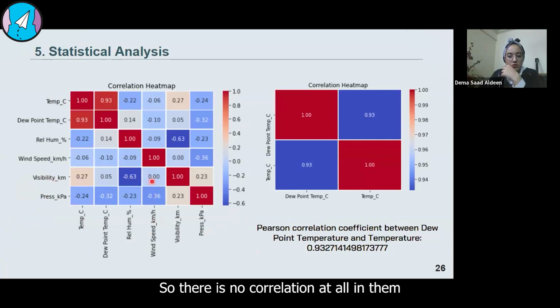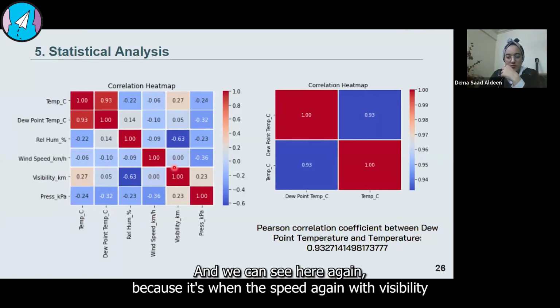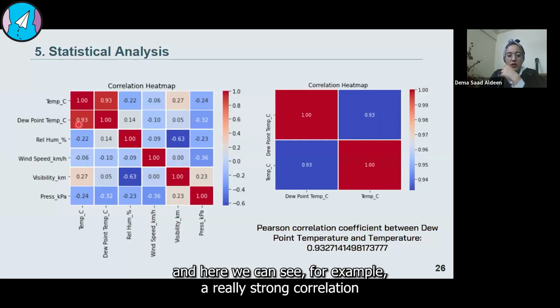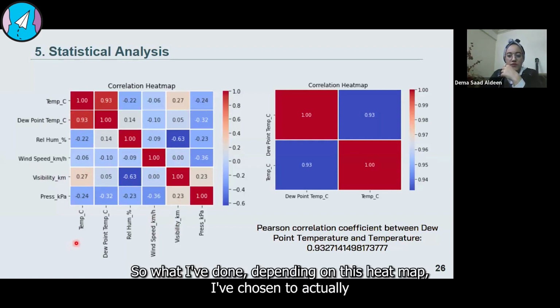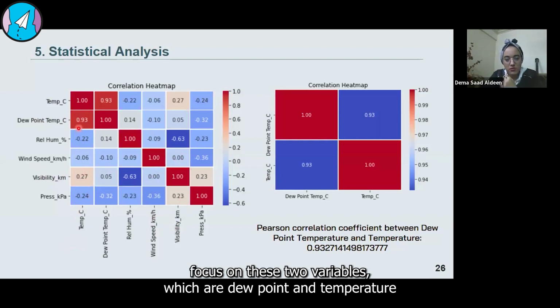So there's no correlation at all between them. And here we can see, for example, a really strong correlation, nearing 1, between dew point and temperature. So depending on this heat map, I've chosen to focus on these two variables, which are dew point and temperature.